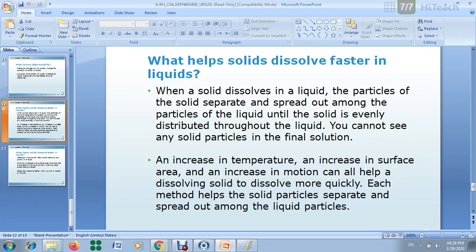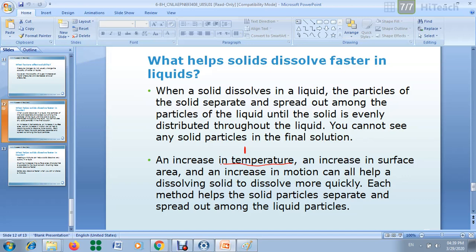So at the end, you can't see any solid particles in the final solution. Now, the factors that make the solid dissolve faster in a liquid. We will talk about three things. What are these three things? The first one is the temperature. We have mentioned before that as you increase the temperature, you can dissolve more of the solute. But temperature also makes solids dissolve faster.